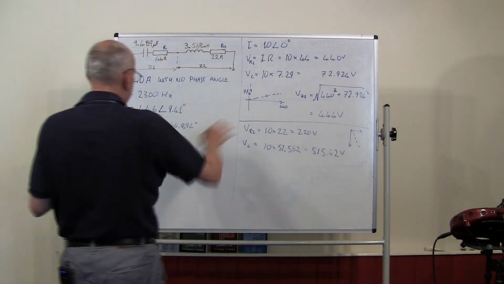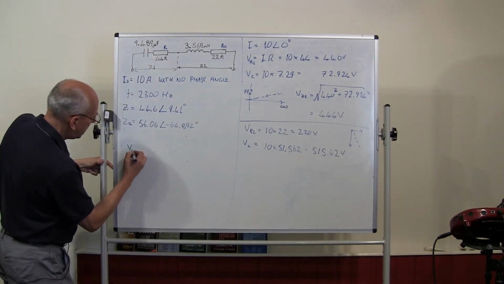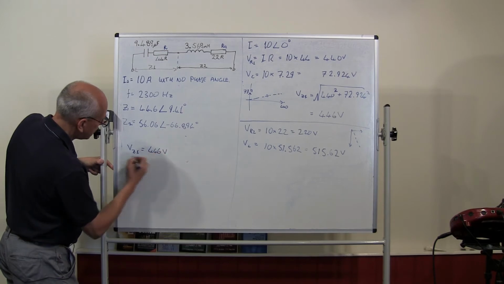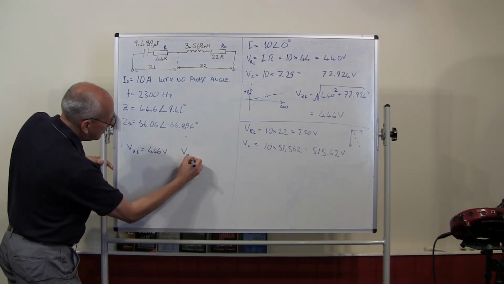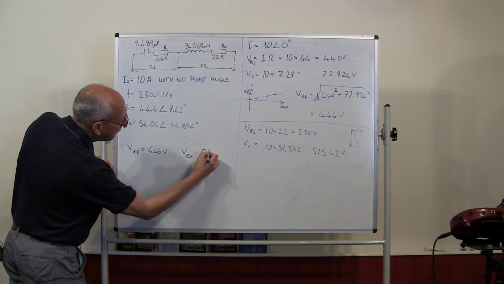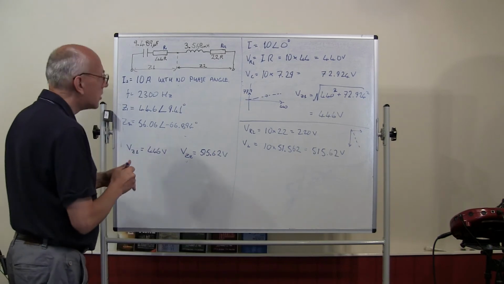So I'm going to rub this out. Let's see what I need to keep. VZ1 is 446 volts, and VZ2 is 515.62 volts. Keep a note of them.